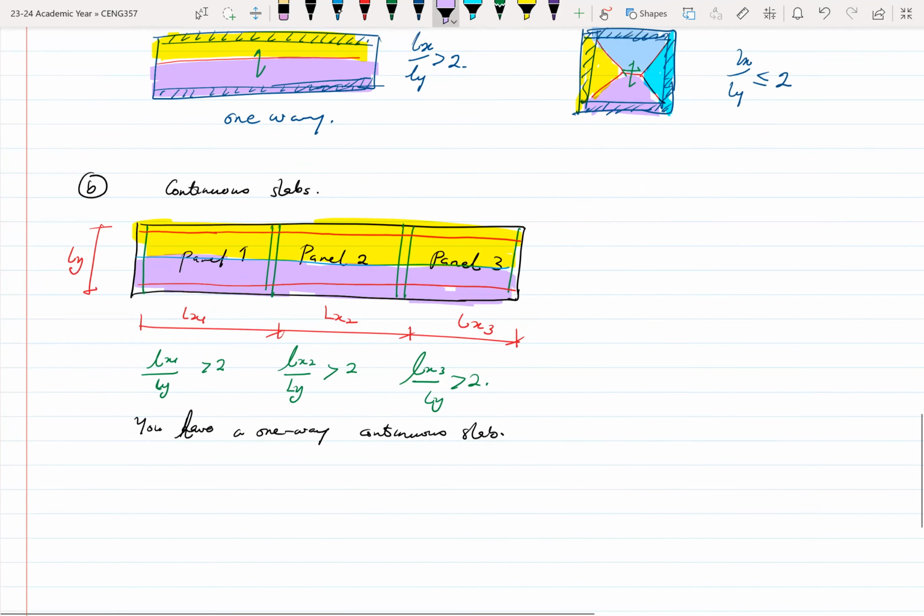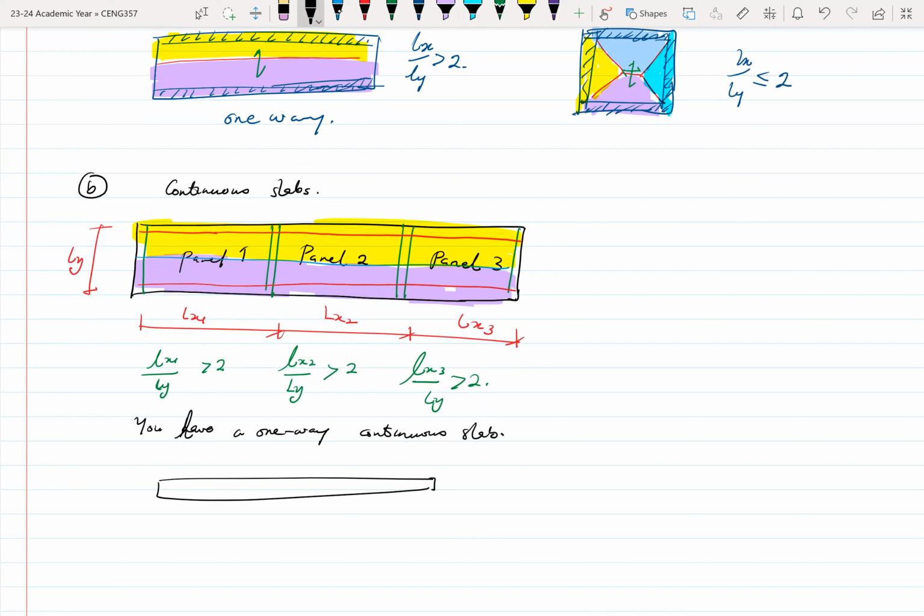So you have a system just like a continuous beam, right? So you have a system like this. So here it's a slab, all right, and then the supports are the beams. So you have your load acting on it. Okay, and this is it.